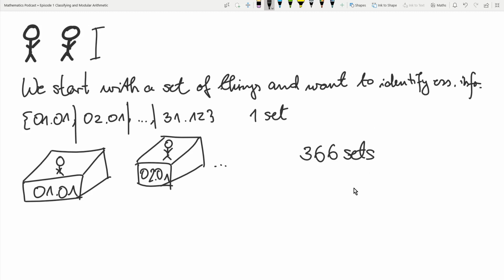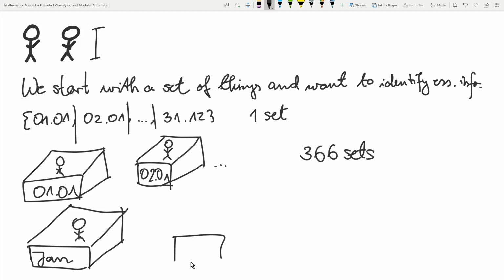We could have done this differently too. Maybe we are not really interested in the day of the month. Maybe we're just interested in the month. So what you could do is you don't have to cut after each and every single day, but rather you cut after each and every single month. So this bucket might be for all the people born in January.